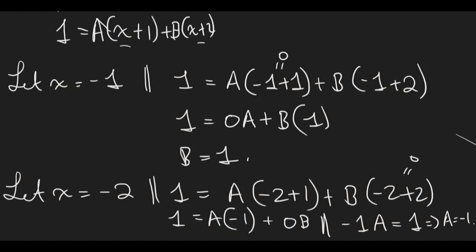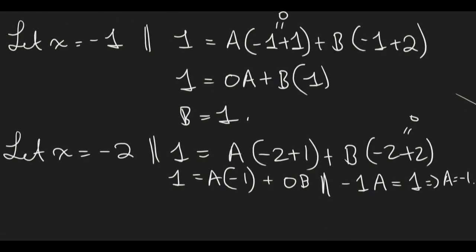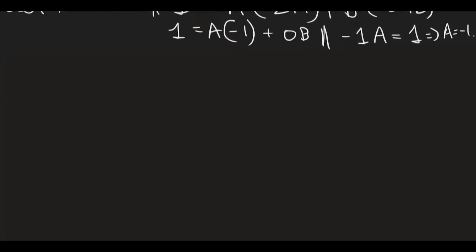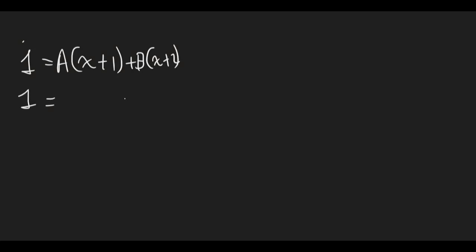And there's another method for solving these partial fractions as well, that has to do with equating coefficients and using simultaneous equations. So we'll have a quick look at that. Our original problem was this. If we expand out these brackets, we say 1 equals ax plus a plus bx plus 2b.